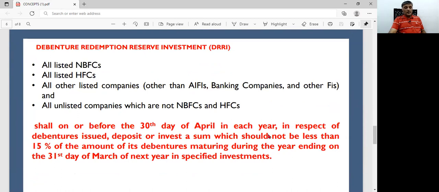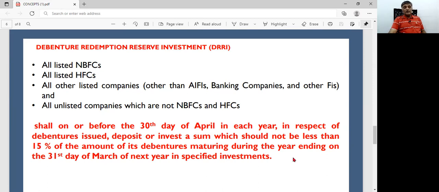Now it's not only the DRR, you also have the DRI. You have to make an investment. So all listed NBFCs, all listed housing finance companies, all other listed companies other than all India financial institutions, banking companies and other FIs, and all unlisted companies which are not NBFCs and HFCs, they shall on or before the 30th day of April in each year, in respect of debentures issued, deposit or invest a sum which should not be less than 15% of the amount of its debentures maturing during the year ending on the 31st day of March of the next year in specified instruments or investments.